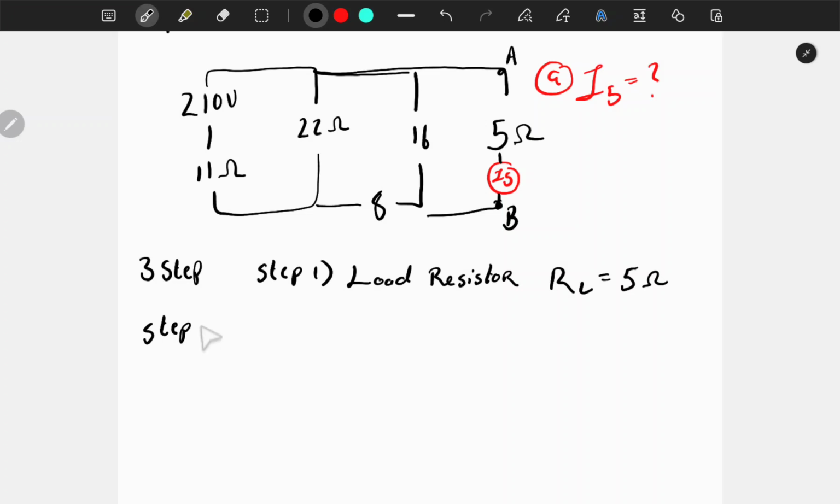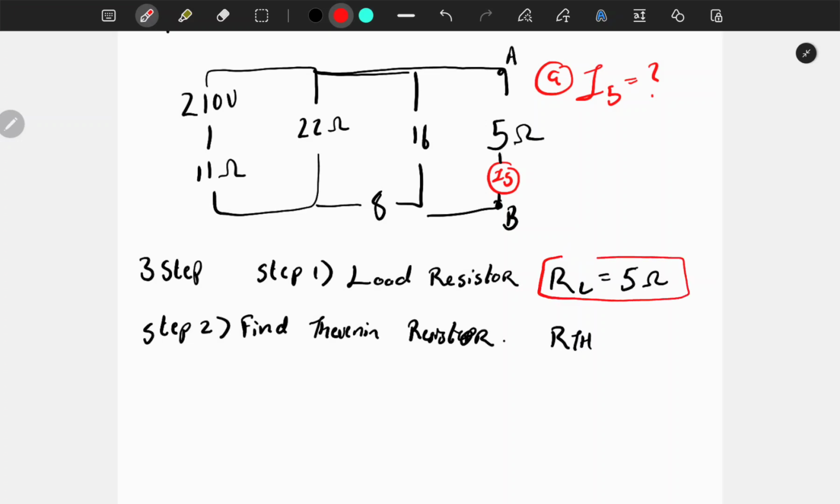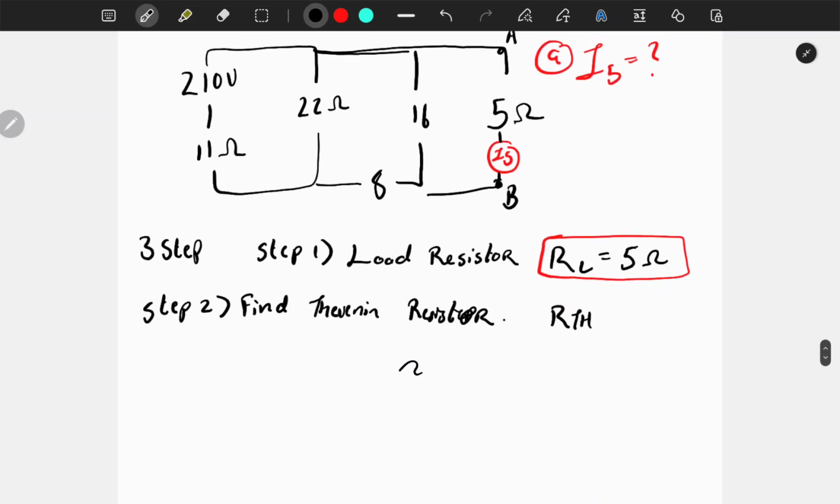Then step 2 is you have to find your Thevenin resistor, which is RTH. So now to find your Thevenin resistor, you are going to redraw the diagram.